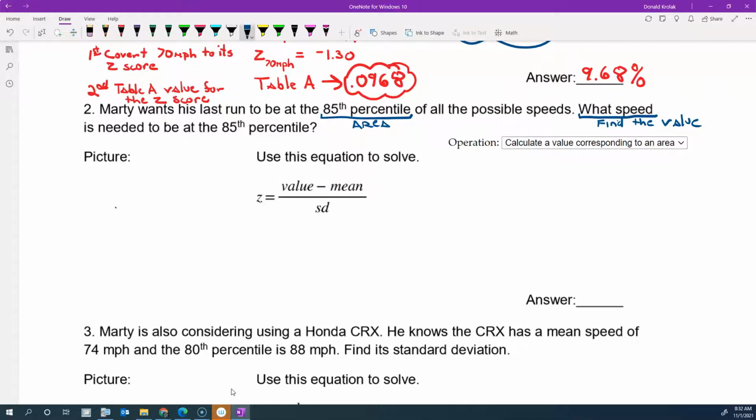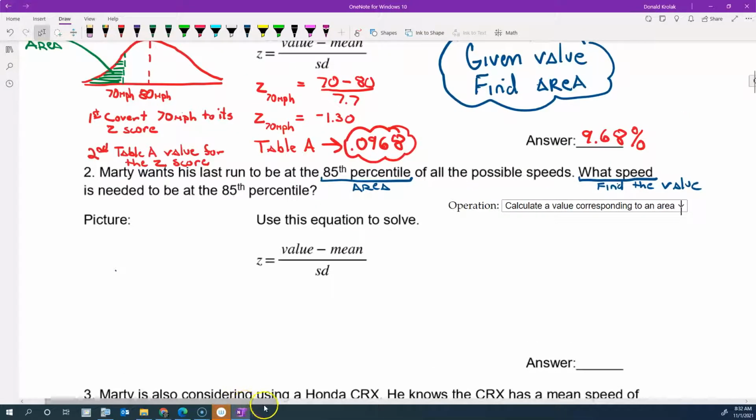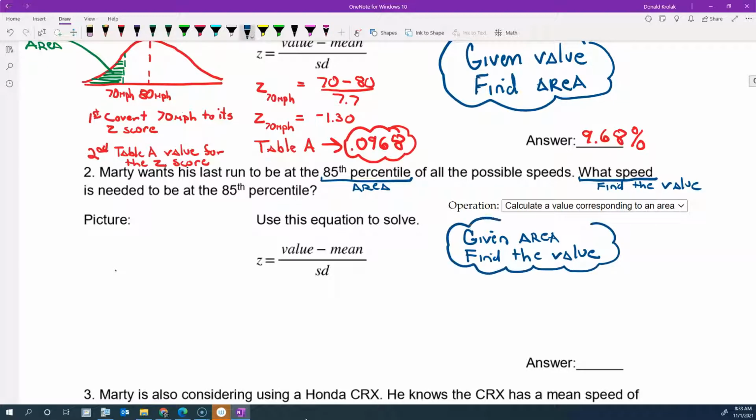This is just the reverse of the first one. It's the backwards example of the first one. Now you know the area, what's the value? The first one was you knew the value, what's the area?